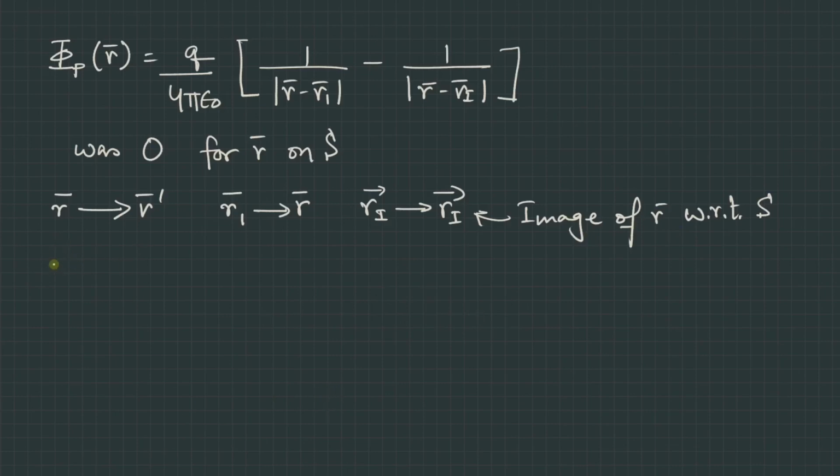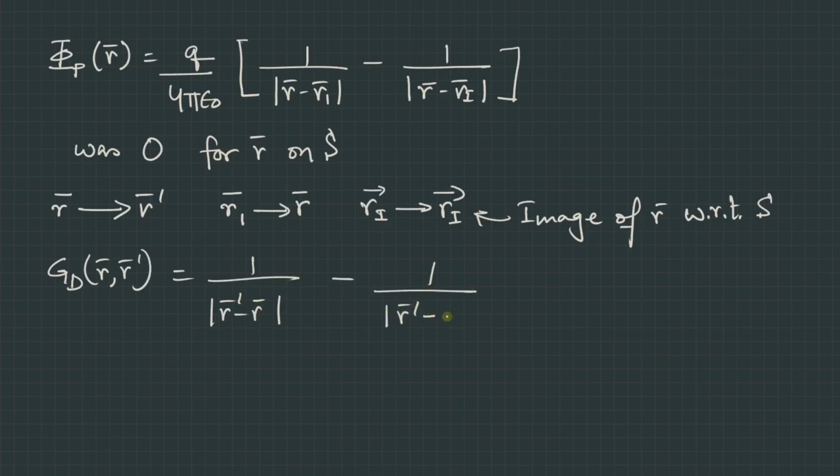Alright, and we define our Green's function like this: 1 by |r dash minus r| minus 1 by |r prime minus ri|. So this Green's function is definitely 0 on the surface because this potential is 0.